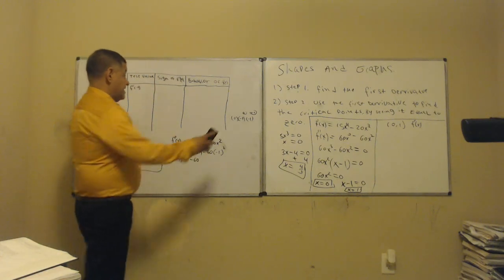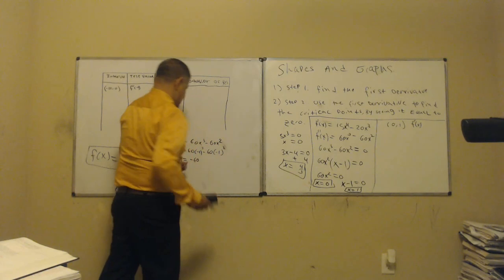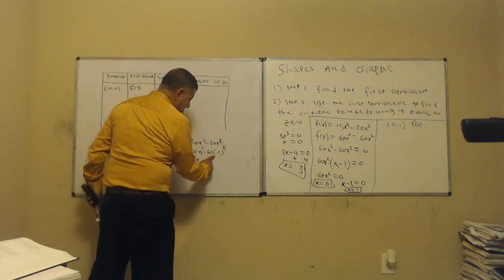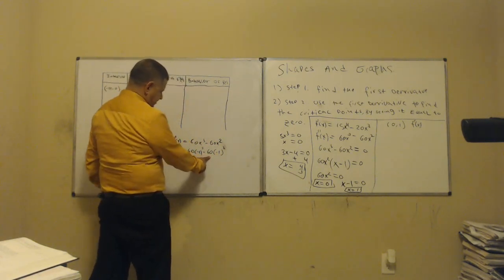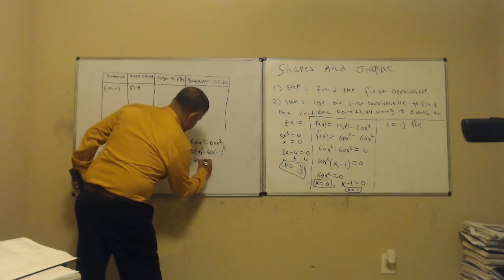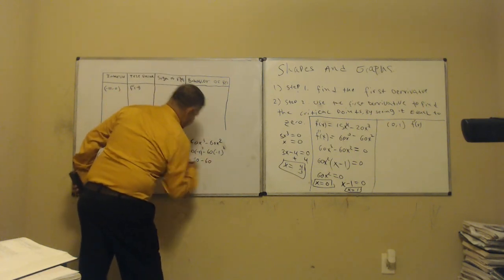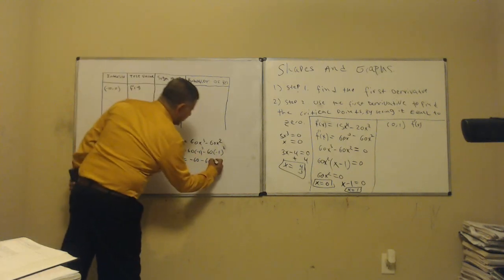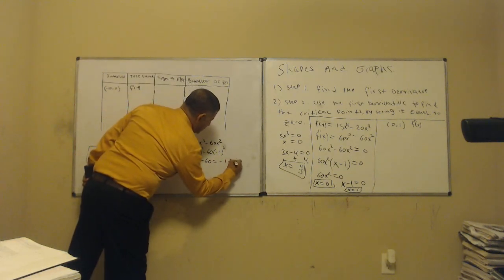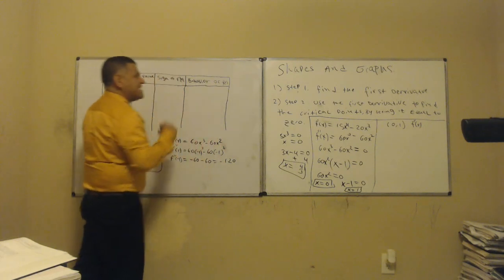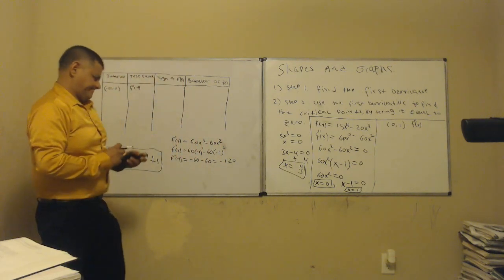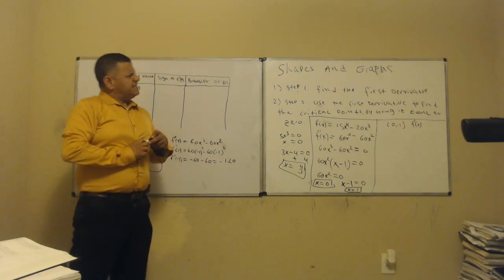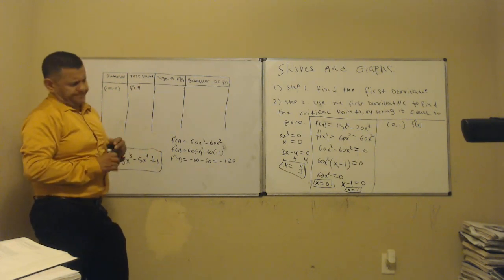Now, in this case, I got negative times a negative is a positive, but I have a negative here. So therefore, this is negative 60. Which in this case is negative 120. Negative 120. Interesting.